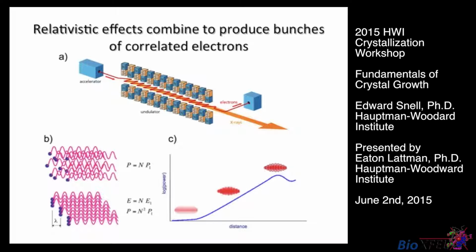Let me take a second to tell you why these break up into microbunches. Because the electron is undergoing this sinusoidal motion back and forth, there's a small velocity component in this direction, in the plane of the magnets back and forth.